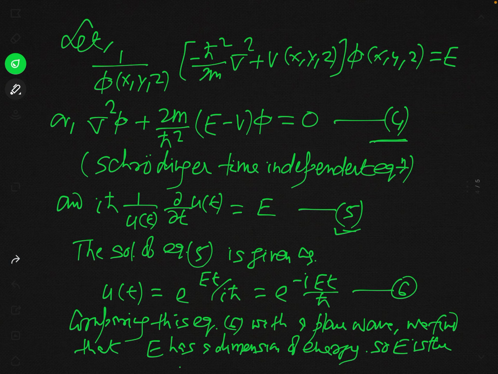And corresponding to each allowed value of energy E, there is one function obtained as a solution of equation 4. This function is referred to as a characteristic function or eigenfunction.